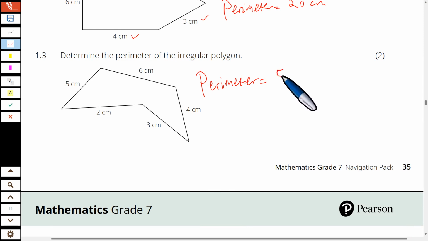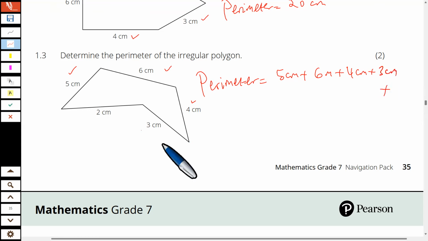So you have 5 centimeters, 6 centimeters, 4 centimeters, 5, 6. Then we go for the 3 centimeters, and then we include the 2 centimeters. So here, the perimeter is the sum of the lengths.